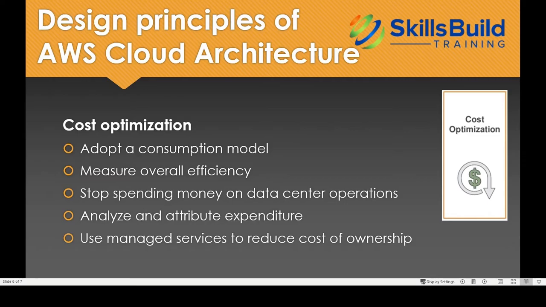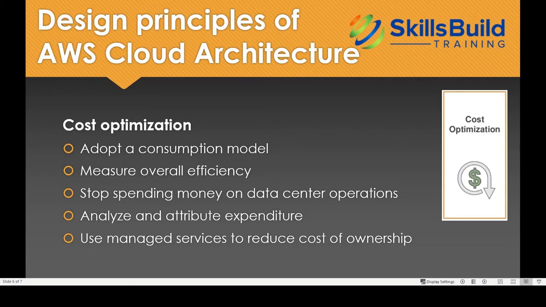All of this can be achieved by the following principles. Adopt a consumption model, measure overall efficiency, stop spending money on data center operations, analyze and attribute expenditure, and last one is use managed services to reduce cost of ownership.